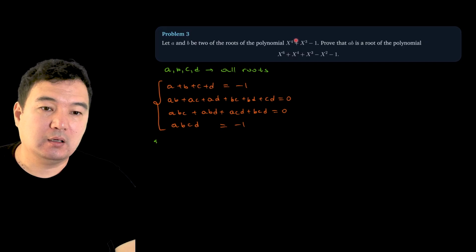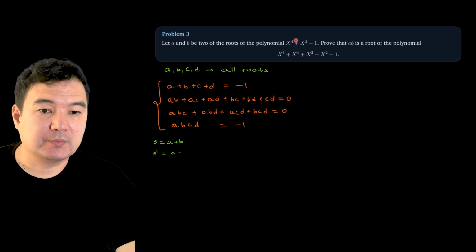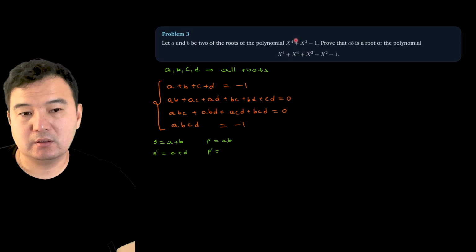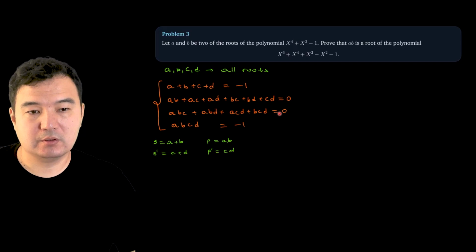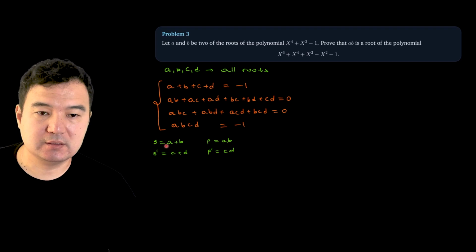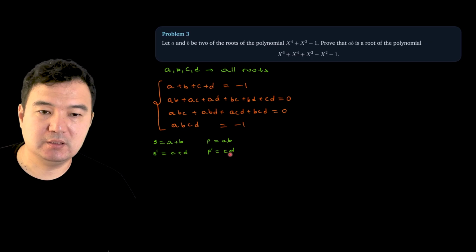So that's Vieta's theorem for this fourth degree polynomial. And I'm going to do the following. Let me introduce 4 more variables: S is a plus b, S prime is c plus d, P is ab, P prime is cd.